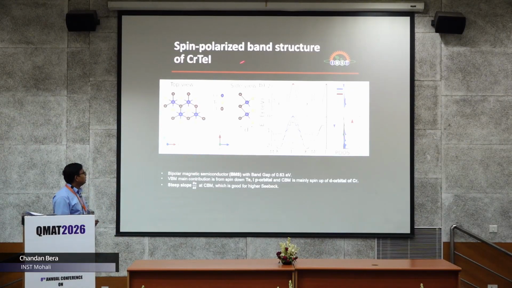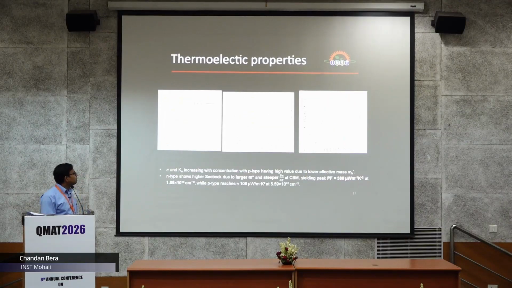First we did the spin-polarized DFT calculation to get the spin-polarized band structures. You can see here the conduction band minimum is mostly populated by spin up, and the valence band is populated by spin down. So they are bipolar magnetic semiconductors and have a band gap around 0.6 eV, which is ideal for thermoelectric applications.